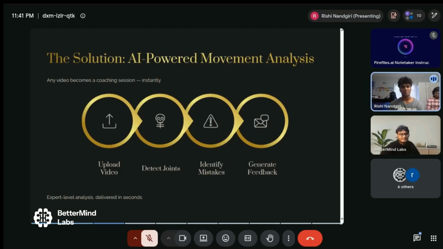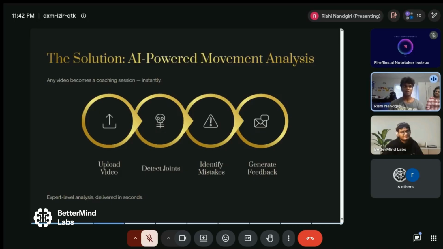It identifies mistakes using a rules engine, which we encoded in our backend, and if the rules engine can't completely understand the angles, we have a fallback method using Gemini, and then the feedback gets generated.